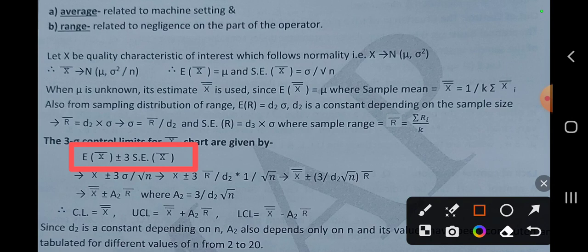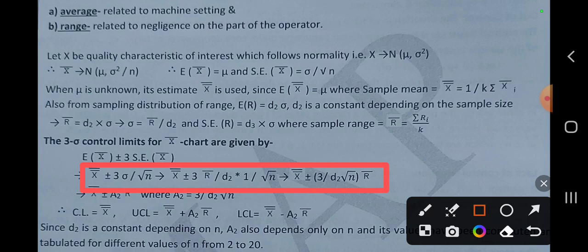We know that expectation of X bar is equal to X bar bar, and the standard error of X bar is equal to sigma upon root n. So putting in the values, that gives us X bar bar plus or minus 3 sigma upon root n.